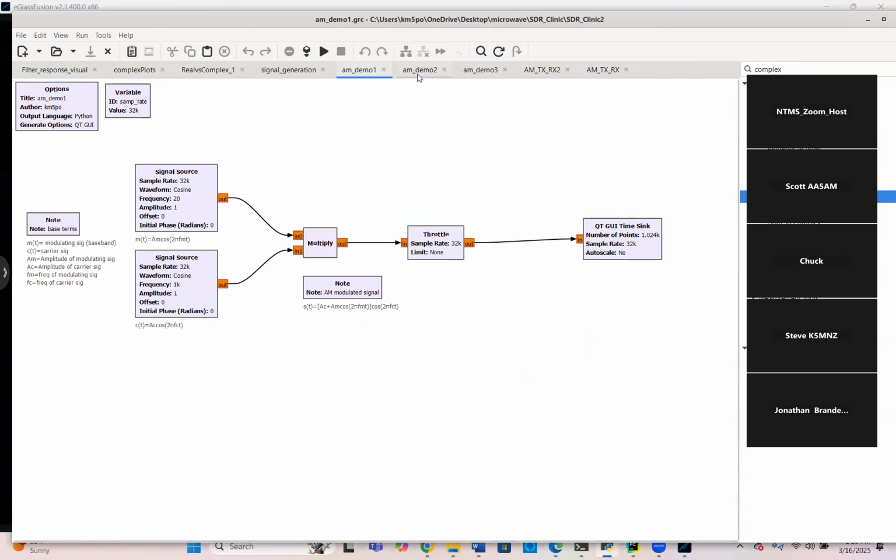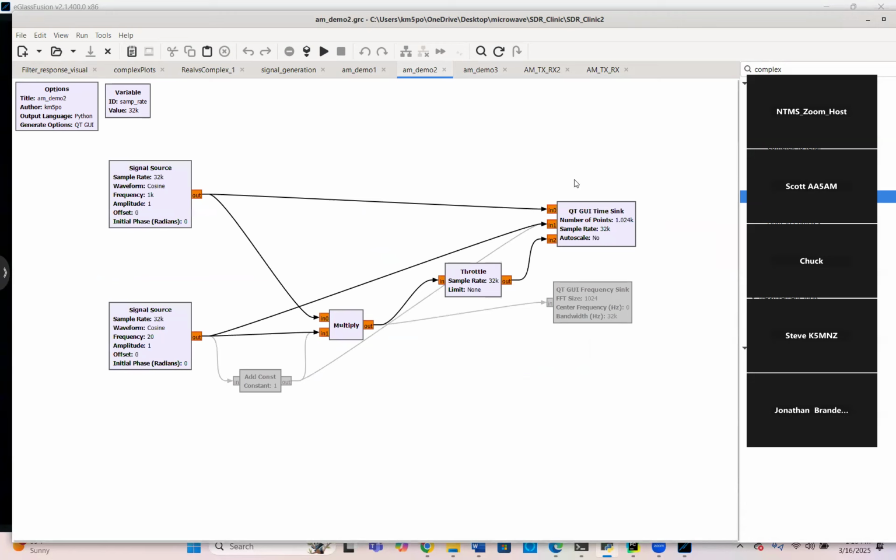So I created another sketch here so that we can look at this without having to put all these pieces together. Here is the very same setup, flipped upside down, but basically the carrier is on top and this is the information or baseband. We've got three inputs to the time sink so that we can see all this.